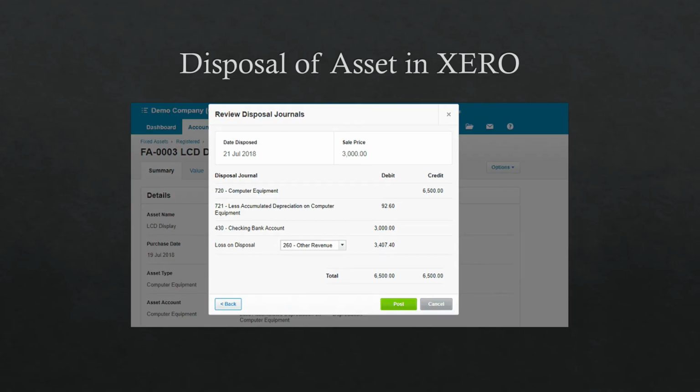And we can see here the accumulated depreciation on the debit side. It's normally a credit account, so it's on the opposite. And the bank account, as you know, could be in debit or credit, but it's receiving the money here, so it will be debited. The disposal account is debited as well, because we're assuming an additional expense. So that's the principle here.